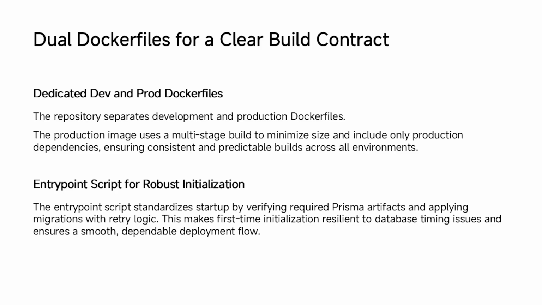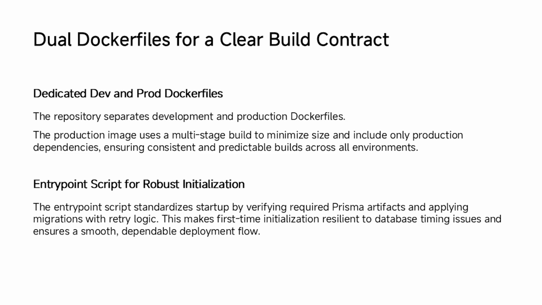We also use two Dockerfiles to define a clear build contract. One is optimized for development, and the other is a production-oriented version that uses a multi-stage build. This keeps the final production image small and ensures that it only contains the dependencies we actually need in production.